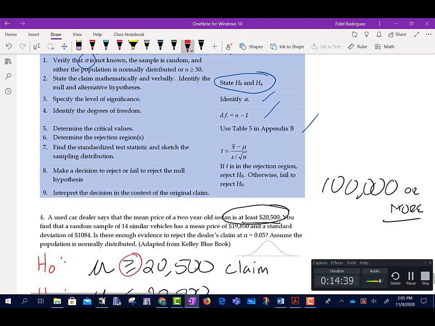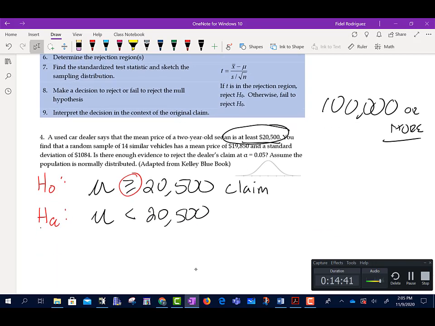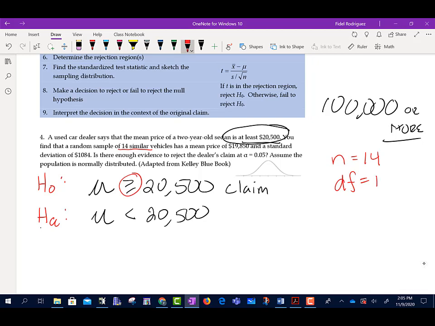All right, let's see. I'm going to keep reading. It says we find in a sample of 14 vehicles. So this is telling me that n is 14. So remember, my degrees freedom is going to be one less, which would be 13.